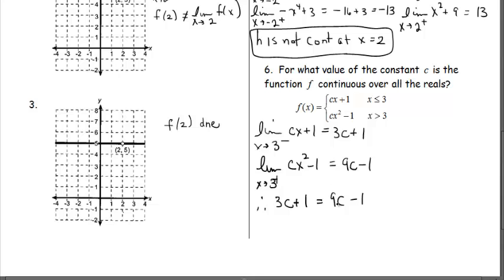I'm going to subtract a 3c, bring it over here. Add a 1, make it 2. So it appears that c is 1/3. That would be the value of c that makes that continuous.